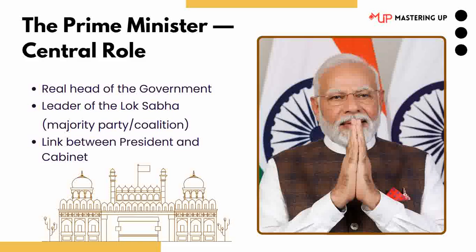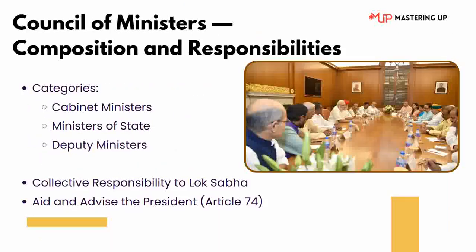But the Prime Minister doesn't work alone. The Council of Ministers supports him in formulating and executing policy. Here's how it is structured. The Council of Ministers works under the leadership of the Prime Minister. It has three tiers. Cabinet ministers handle key ministries.